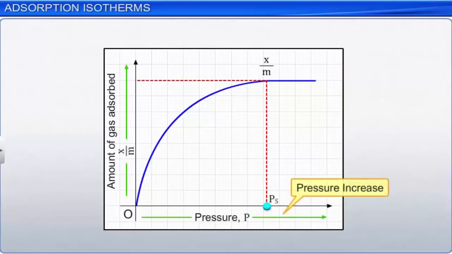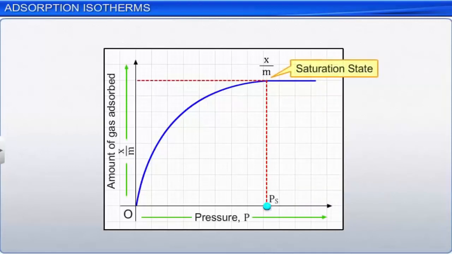This is called the saturation state, and Ps is called the saturation pressure. The saturation state is observed when the adsorbate forms a uniform molecular layer on the surface of the adsorbent.